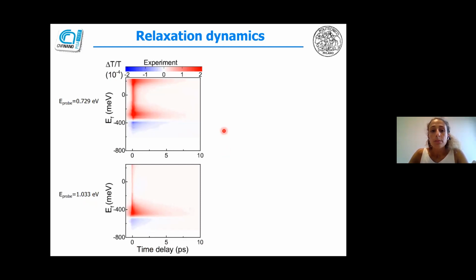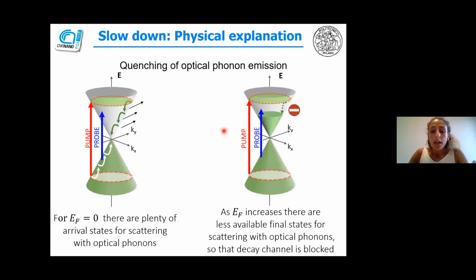In order to explain the slowdown, we consider the fact that as we increase the doping, we are saturating the phase space available for electrons to relax by emitting optical phonons. And in this way, we are gradually quenching this fast decay channel.